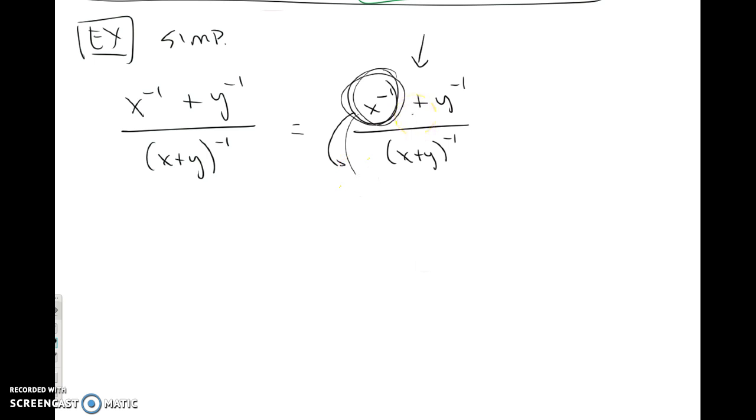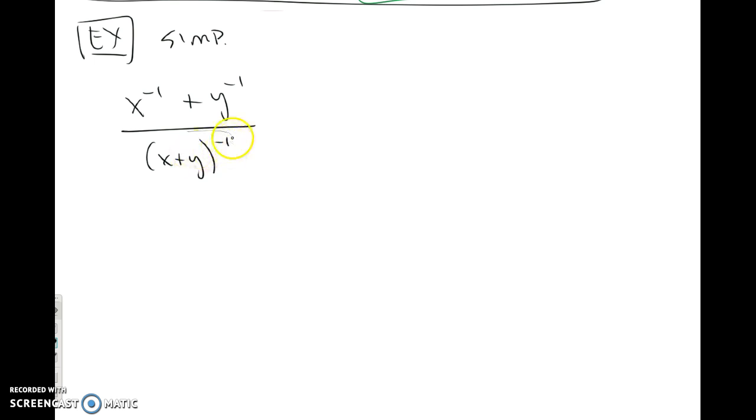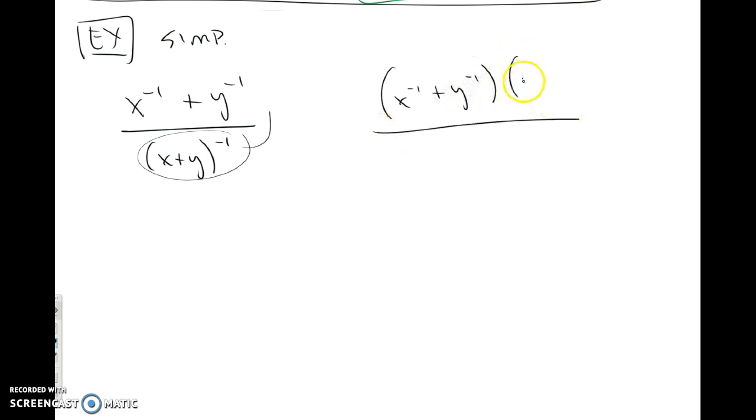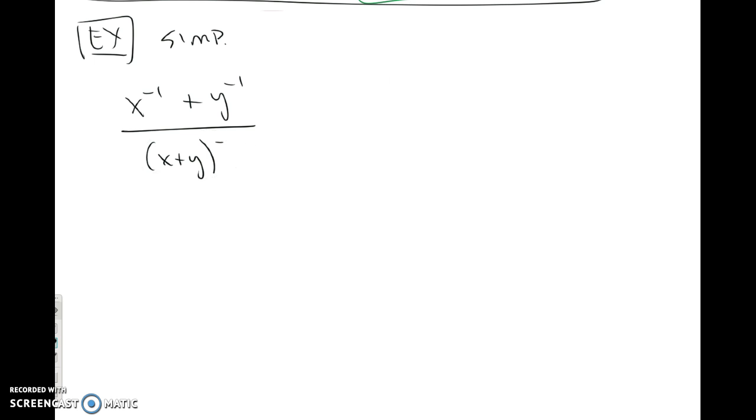However, I could move this entire thing up to the top, but I'd have to keep it like this. I'd have to put that in a parenthesis and then move this up to the top and make it a +1. So you could do that, but I'm not going to do it that way.